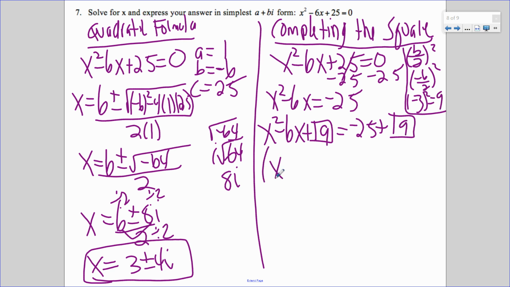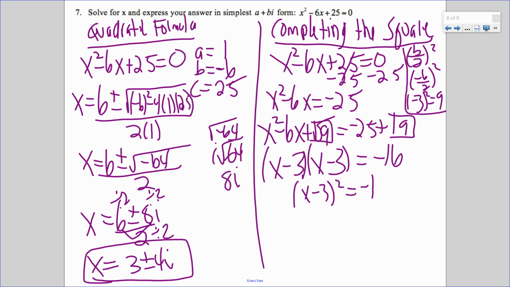Factor the trinomial normally. It's always the same factor written twice. Minus and minus. Square root of 9 is 3. The right-hand side you can combine. That's negative 16. Rewrite as a binomial squared. That's completing the square. To solve the equation, I take the square root of both sides. When you take the square root, you get plus or minus.